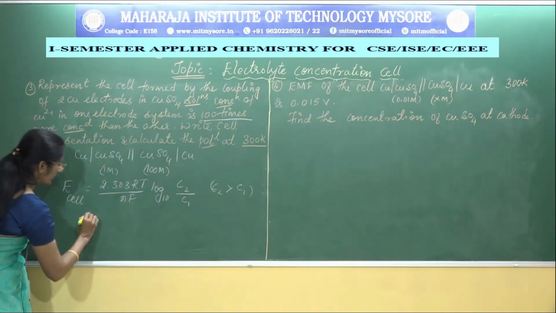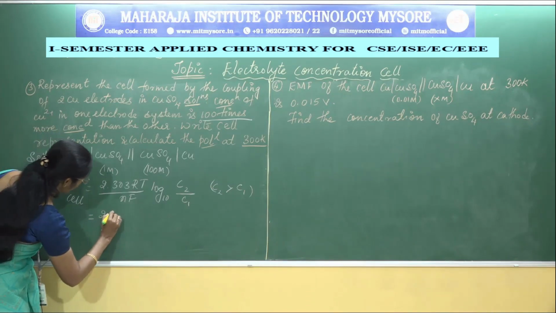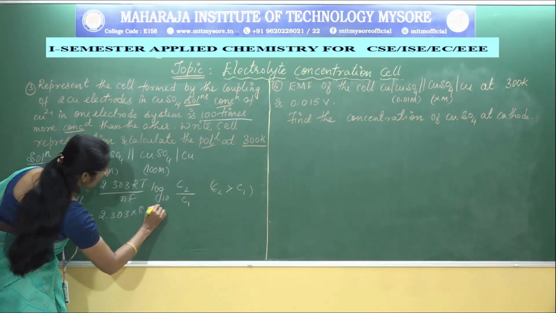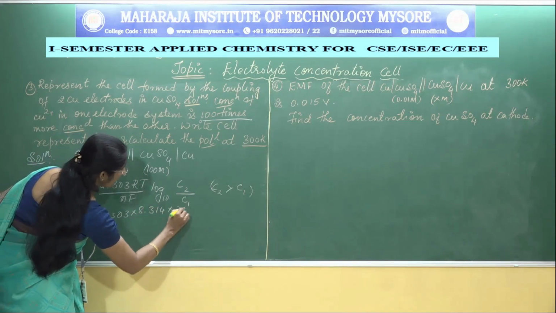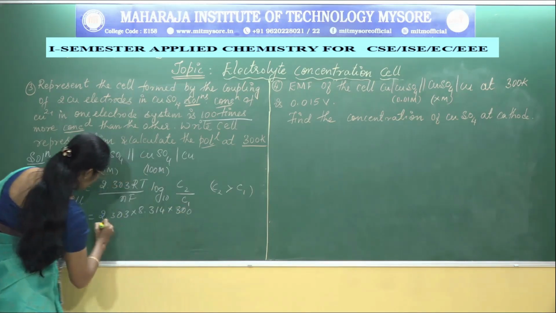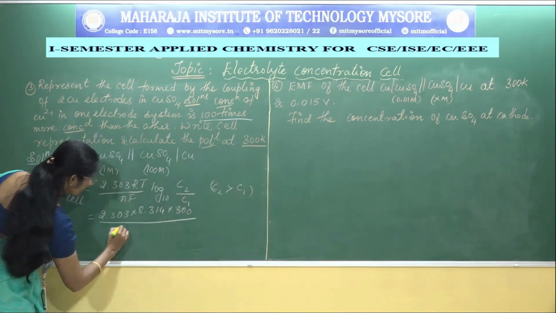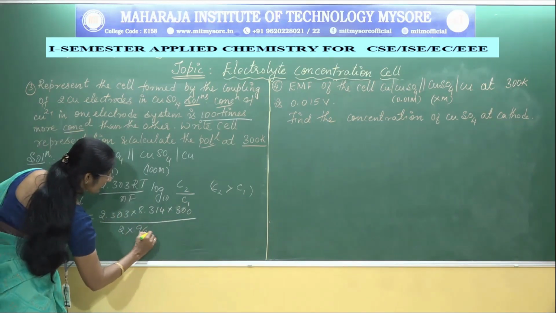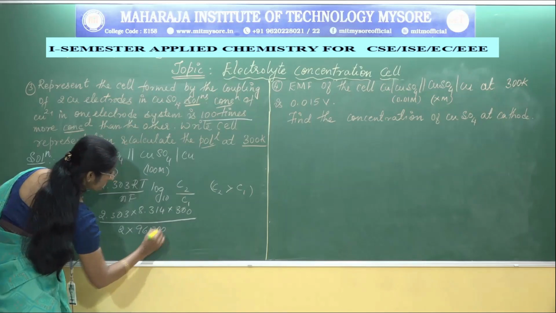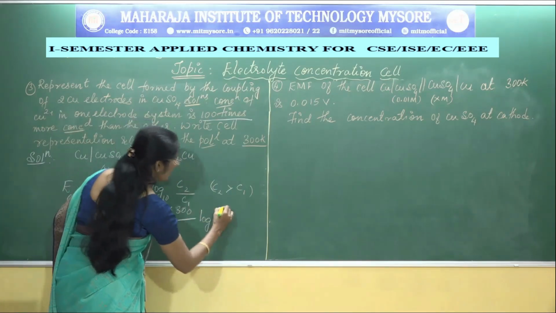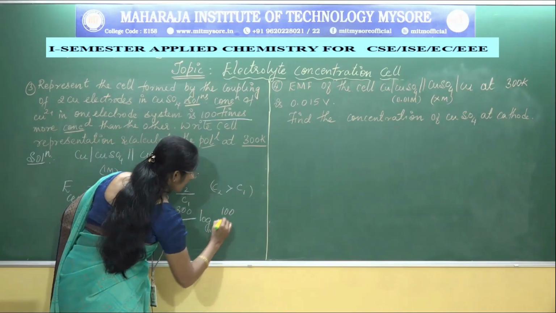Then substitute the values, that is 2.303, R value is 8.314, into T, which is 300, divided by n value. It's copper, so therefore n value is 2, F value is 96,500. Then log of 100 divided by 1.